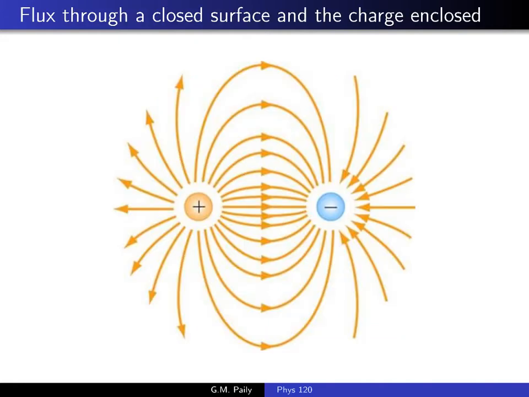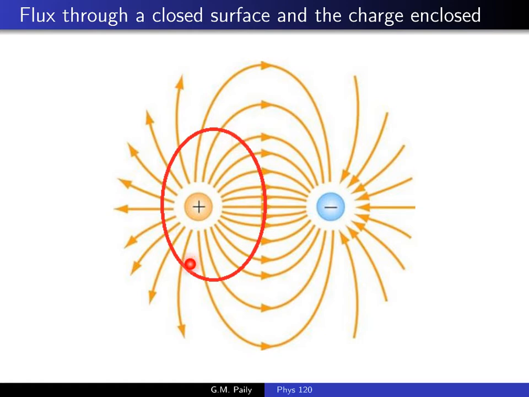Let's test this idea further in a more complicated situation where we have more than one charge. For example, let's look at a dipole. Here we have a dipole with some of the field lines shown. Now, if I enclose the positive charge by this red oblong shape, we see that it has field lines pointing outward in roughly the same direction as the area vectors, and so that counts as a positive flux.